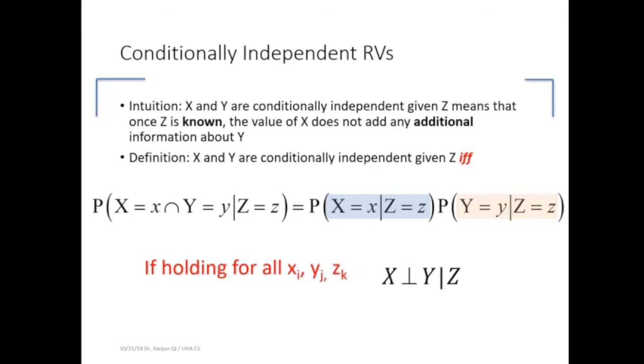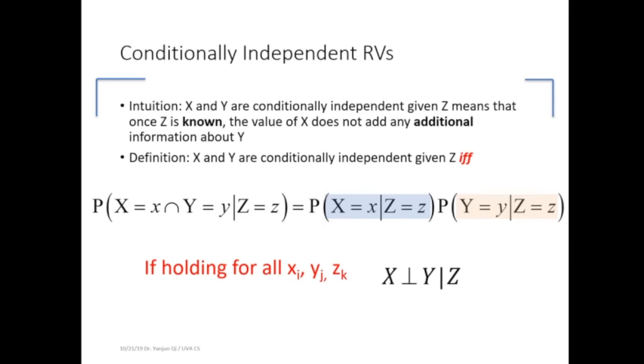That is about independent random variables. Now let's move on to conditional independence, which is represented by this formulation: p of x equals x, y equals y, conditioned on z. Actually this is a joint and conditional, equivalent to two conditionals multiplied together.